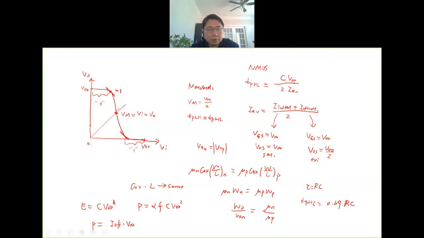As you sweep the input voltage from 0 to VDD, your output voltage switches from VDD to 0. You can define the Vm point by drawing a straight line at a 45-degree angle. This intersection gives you the Vm point, where Vm equals Vi equals Vo, because input equals output at this point.